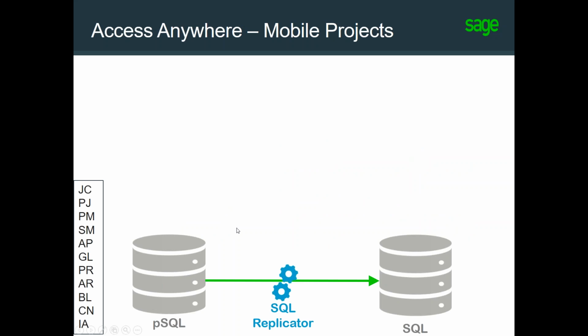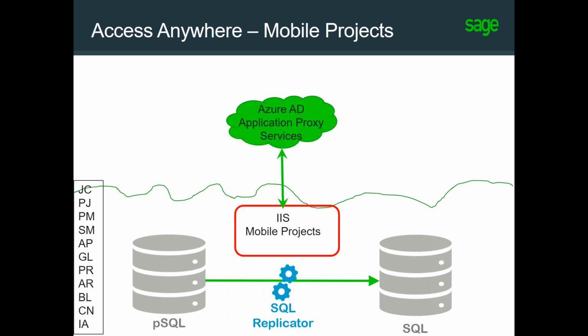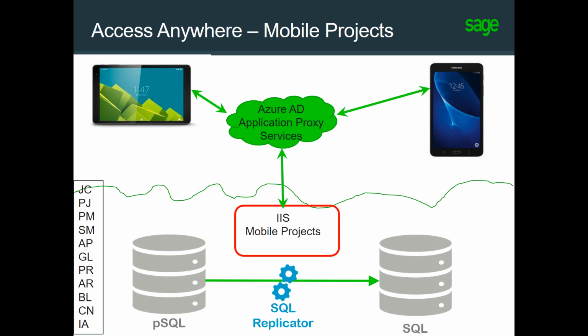As time passes and we get updates, we'll continue to do webinars like this to keep you informed as to what's coming in the future. So with mobile projects, all of that data goes into SQL. We utilize web services from Microsoft, which is called Azure, and that provides that full mobile level support for us.